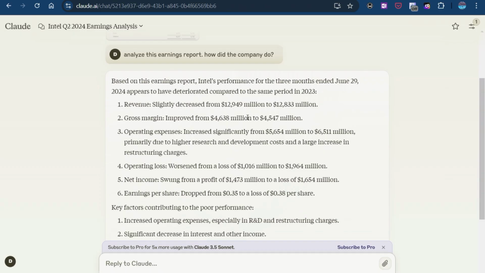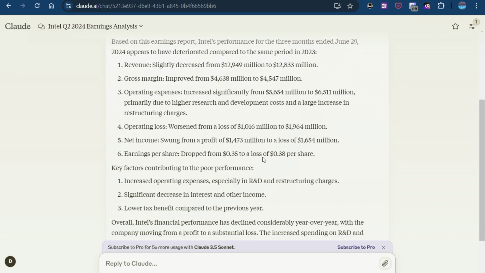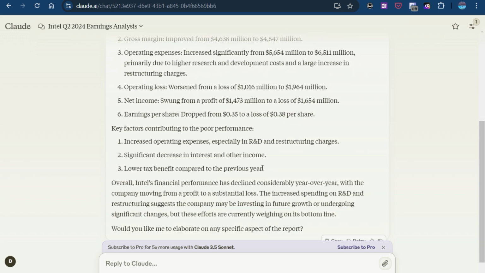Claude correctly saw that the revenue did decrease, so it's a bit more accurate in that regard. In terms of the analysis, it's still similar, looking at the comparables, whether it increased or decreased, and then key factors contributing: increased operating expenses, especially R&D and restructuring, a significant decrease in interest and other income, and a lower tax benefit compared to the previous period.